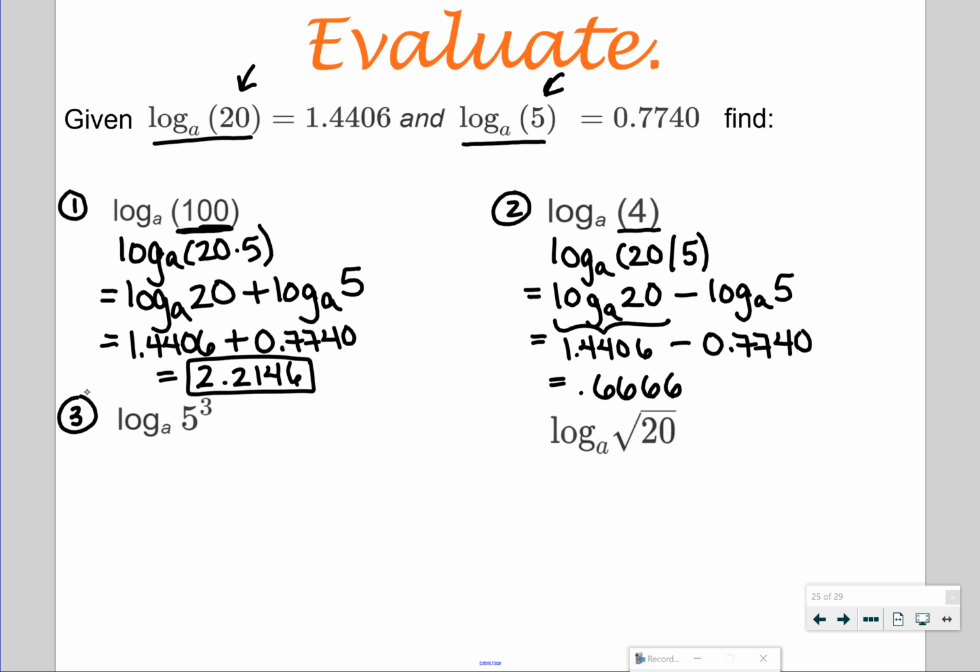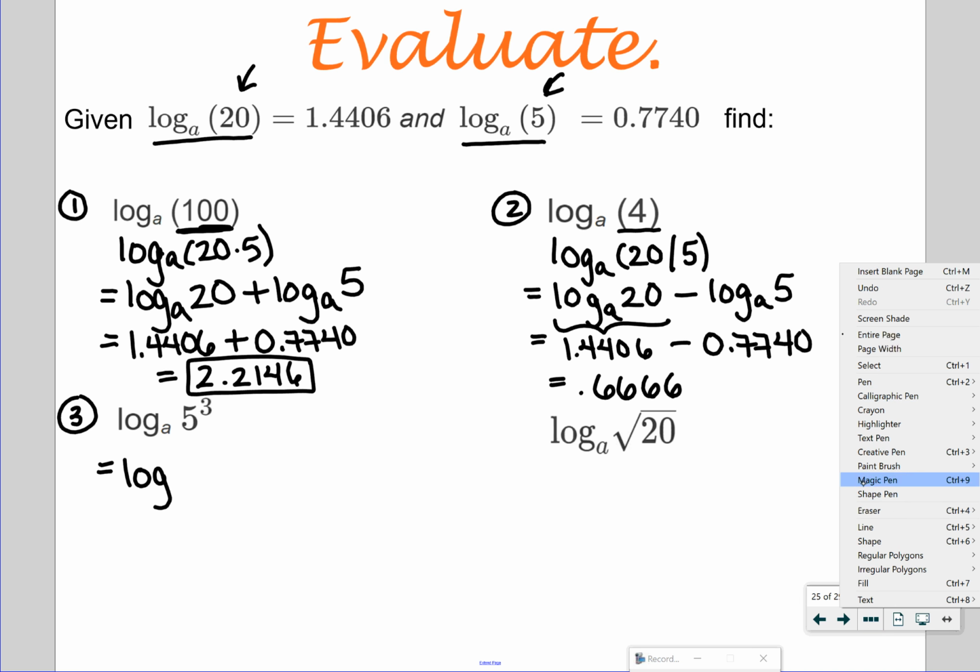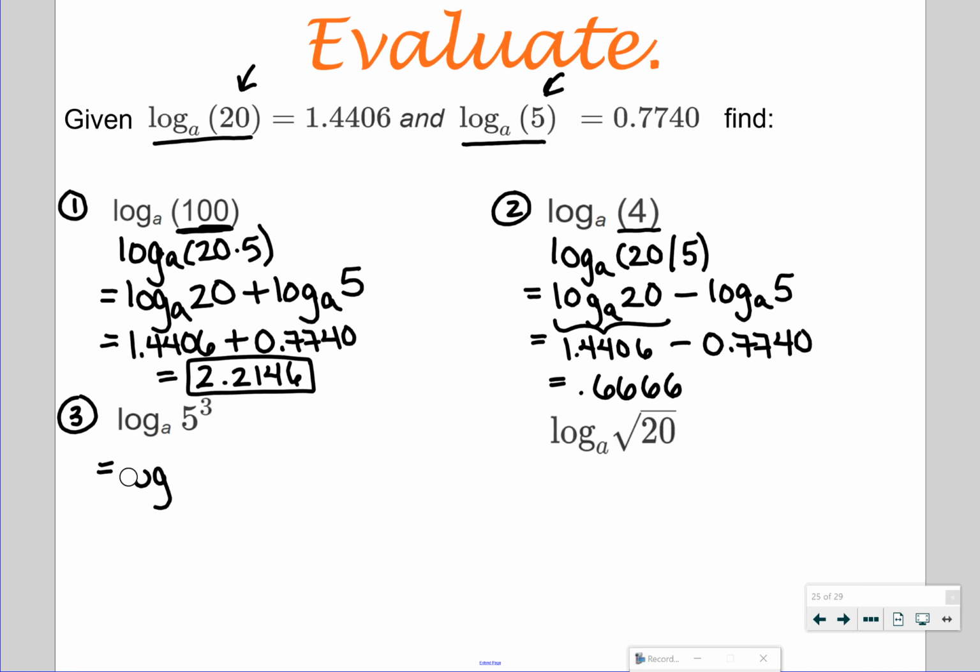Number 3, let's expand it. I have 5 to the 3rd power. Let's just do this all at once here. We're going to move that 3rd power down in front. Make it 3 times log base a of 5. And log base a of 5 was one of our given pieces of information.